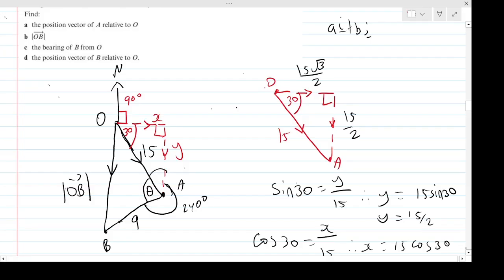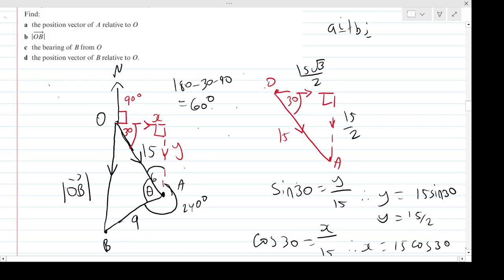So how can I find this then? Well, actually, I've already done the hard work, because I know that this angle's 30 and I've got a right angle of 90. Well, I know angles in a triangle have to add up to 180. So this angle here is just going to be 180 take away 30, take away 90, the other two angles, right? If I do that, I get 60.